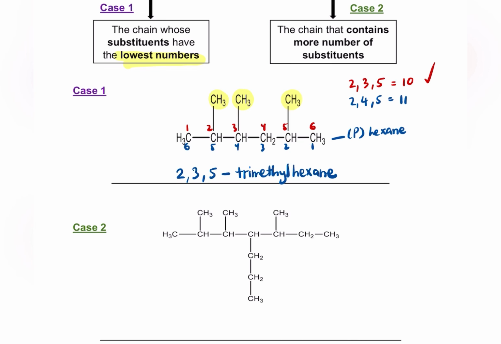Now let's go to case 2, where I'm going to determine the numbering as well. For example, I start from here: 1, 2, 3, 4, 5, 6, 7. However, if I start from the same side, from here, in the blue color, 1, 2, 3, 4, but I'm going down, 5, 6, 7.